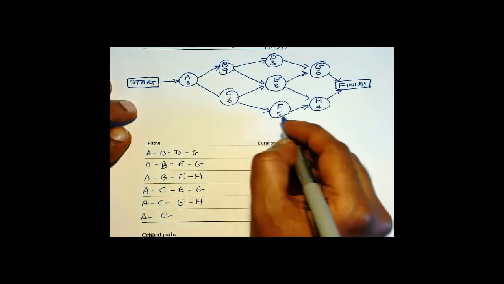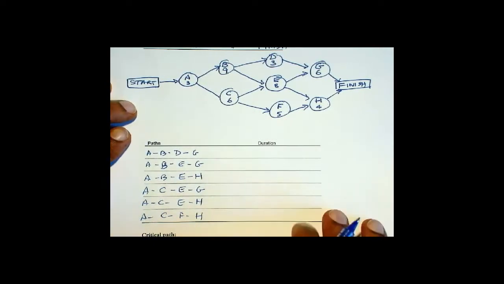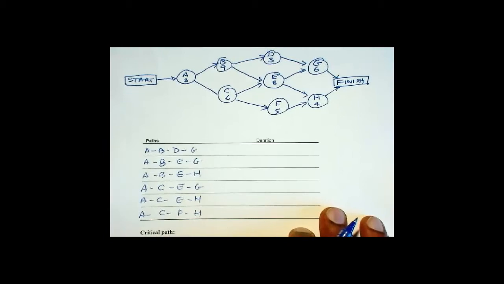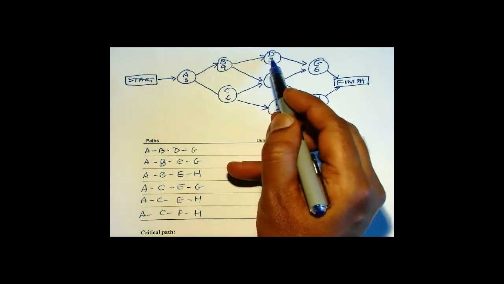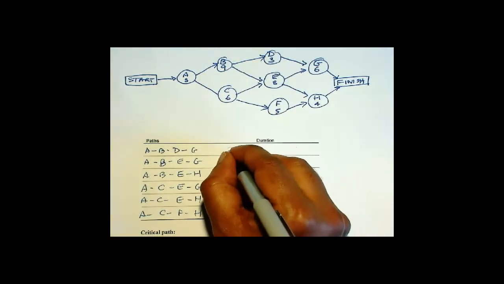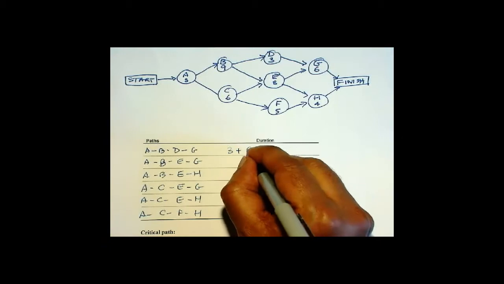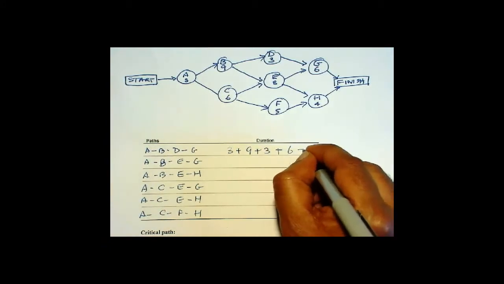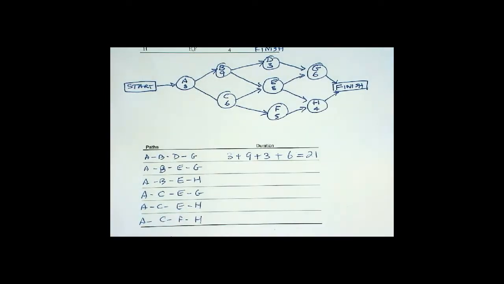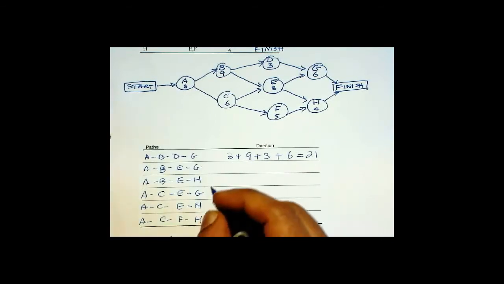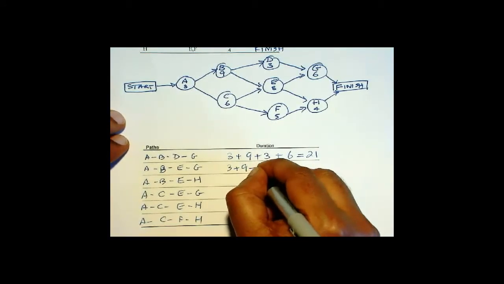Now we have to compute the duration. So we add the duration of the activities along the path. So 3 plus 9 plus 3 plus 6 is equal to 21. Then we get 3 plus 9 plus 8 plus 6 equal to 26.